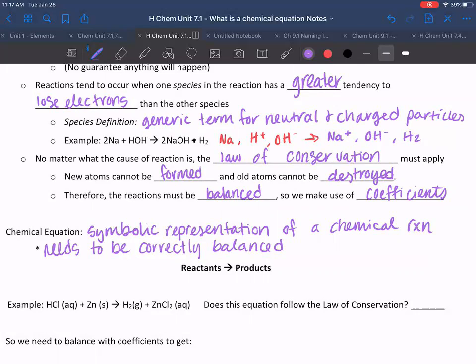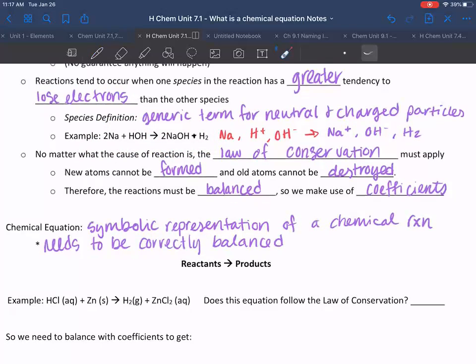So in the example that I was talking about the species, those highlighted in red are the reactants, and then the ones I wrote in purple are the products. It's just more broken down into species. You could say the same thing for in that example, that the Na and the water are the reactants, and then the NaOH plus H2 are the products.